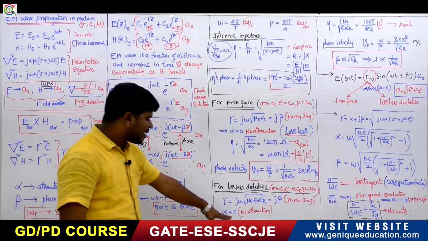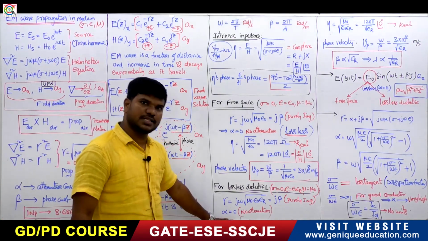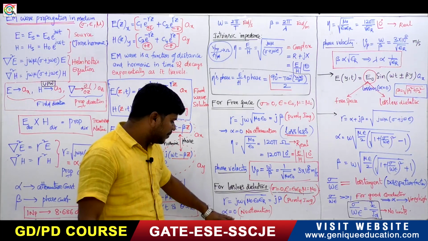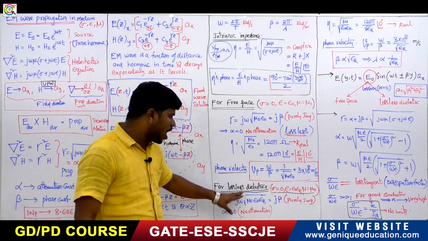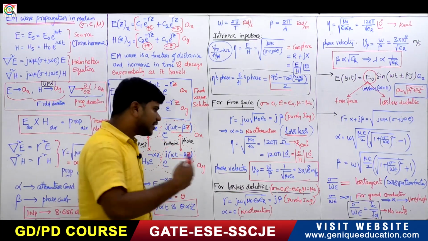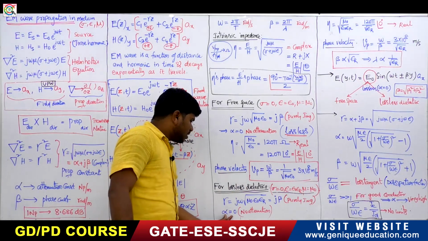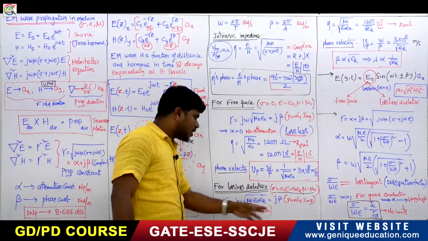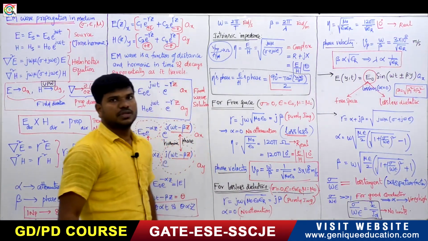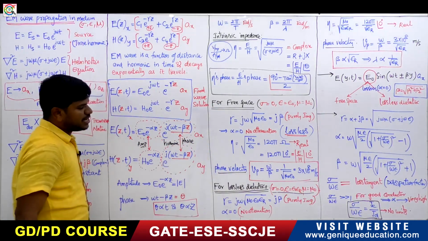There is no attenuation for this one also. So that's why we name this a lossless dielectric or perfect dielectric.